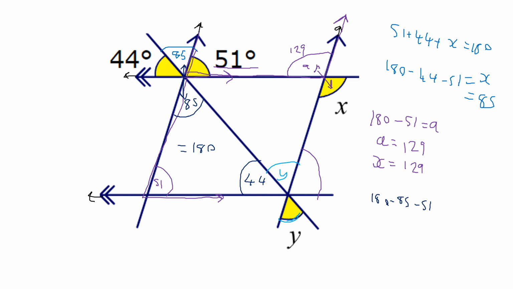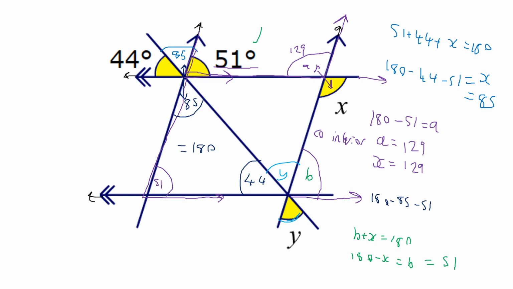Well, what did we say about x and this line here? They are co-interior. And so therefore, if I label this angle as B, right? B plus x is equal to 180. So 180 minus x is going to equal B. And we know that B is equal to 51 from this co-interior angle here.